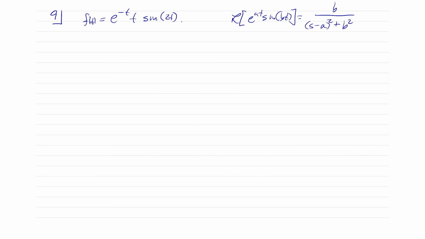We also know that the Laplace transform of t times f of t is equal to minus d by ds of the Laplace transform of f. We're just going to use these two properties to figure out the Laplace transform of this.